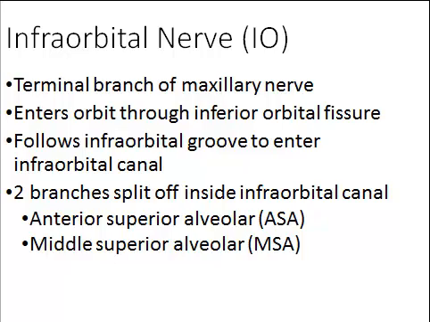It will enter the orbit through the infraorbital fissure, and it follows the infraorbital groove to enter the infraorbital canal. And then once the nerve is in the canal, it branches off for an ASA and an MSA nerve, and then it finally terminates at the infraorbital foramen.